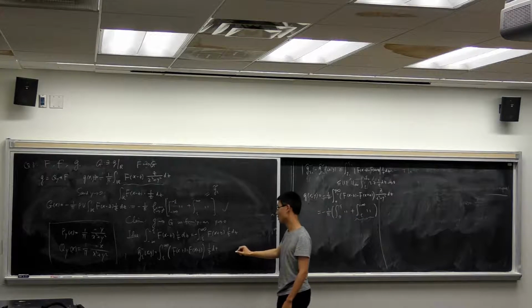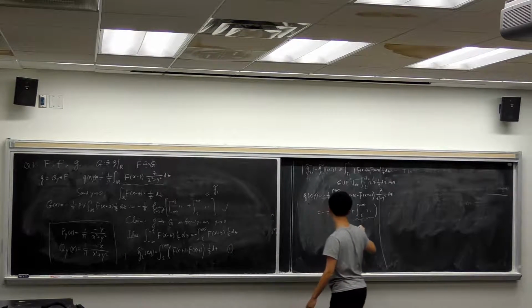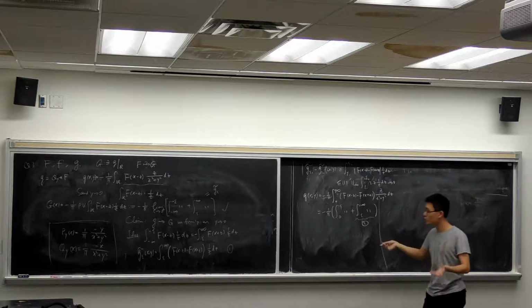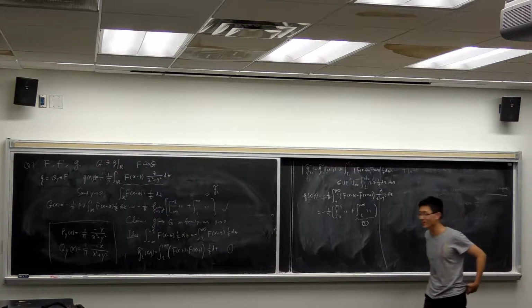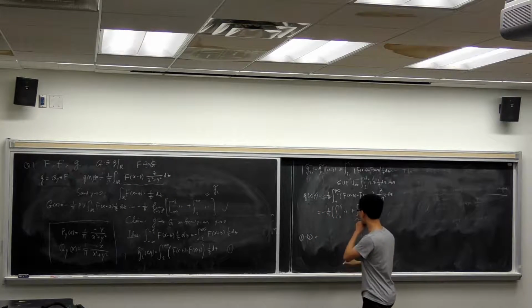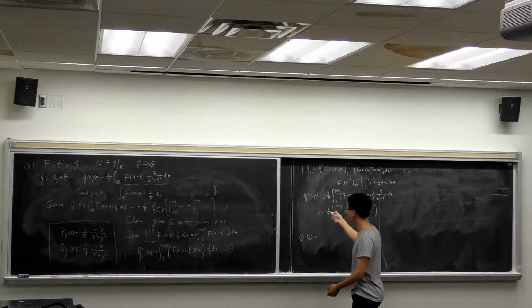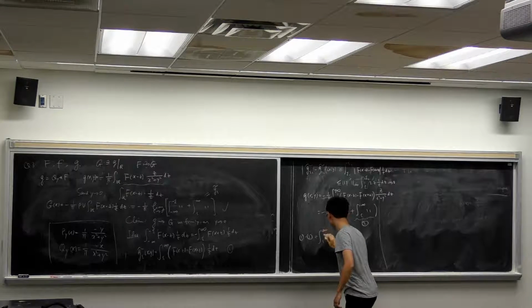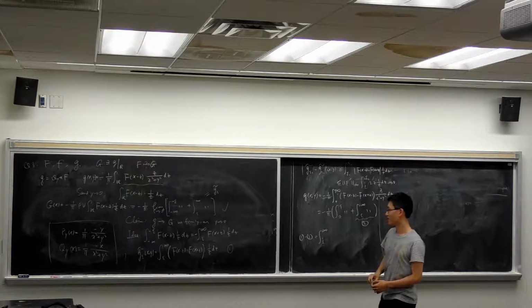Let's call this part 1 and this part 2. We only need to prove 1 and 2 are close because the other terms are small. So 1 minus 2: now I don't have to worry about the constant because I put it out.